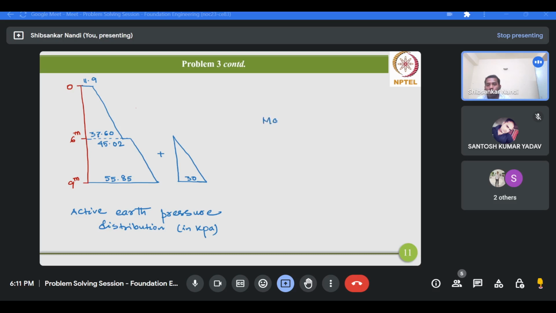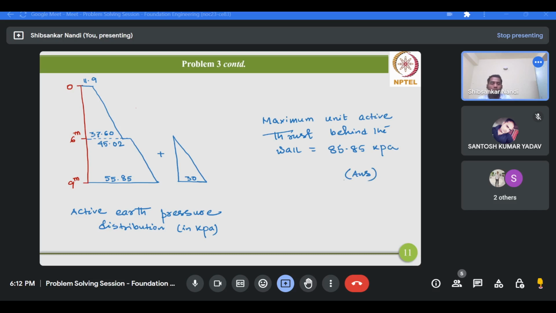So maximum unit active thrust behind the wall is 85.85. Okay. Is it clear?